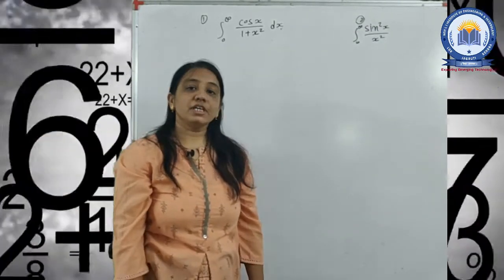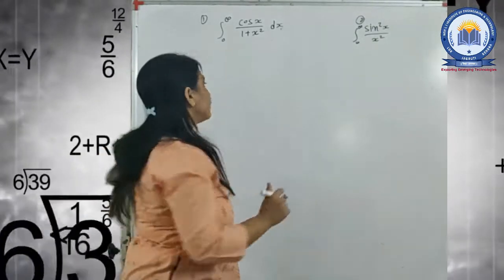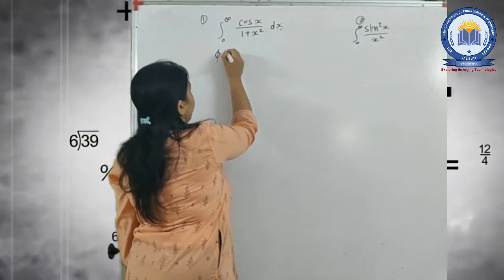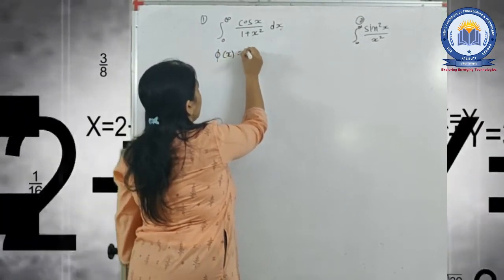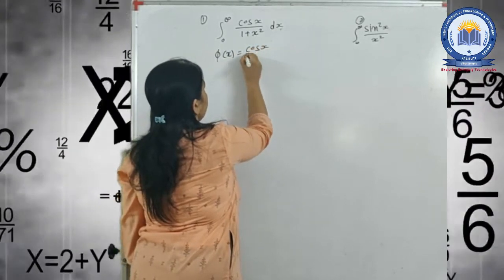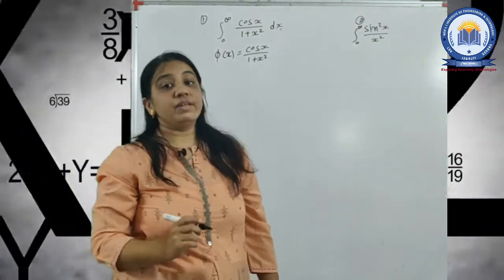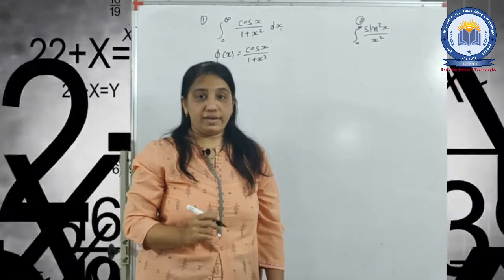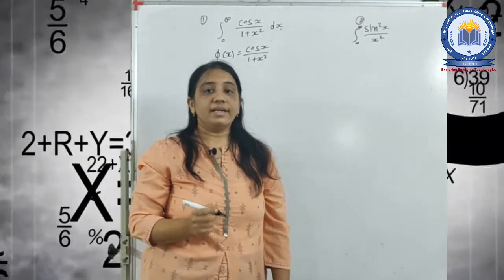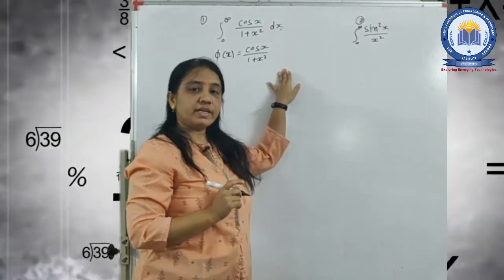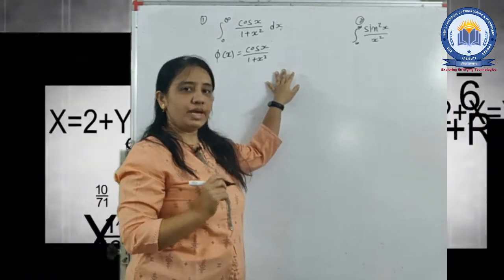So as per the comparison test, first we'll say that suppose this is our phi x, cos x upon 1 plus x square, and we'll find out an fx such that either this phi x is less than or equal to fx or greater than or equal to fx.